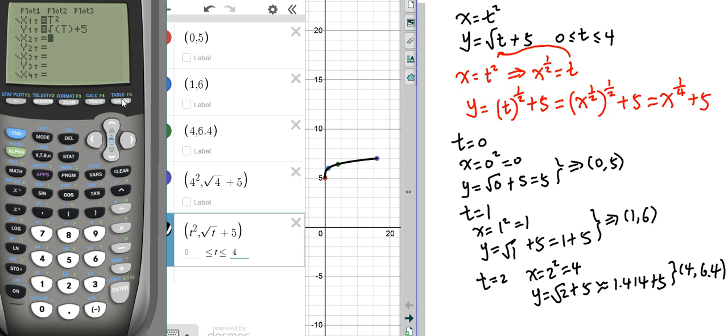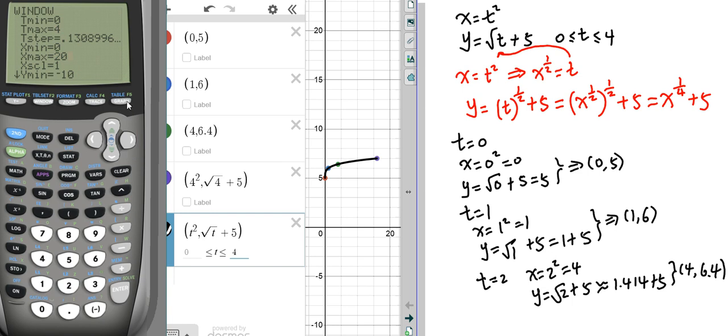And then you hit enter. You may graph it. When you do the graph, you actually want to restrict the range for t. So you will do window, and then t is from 0 to 4. And when you have x maximum as 16, you might adjust that to 20.